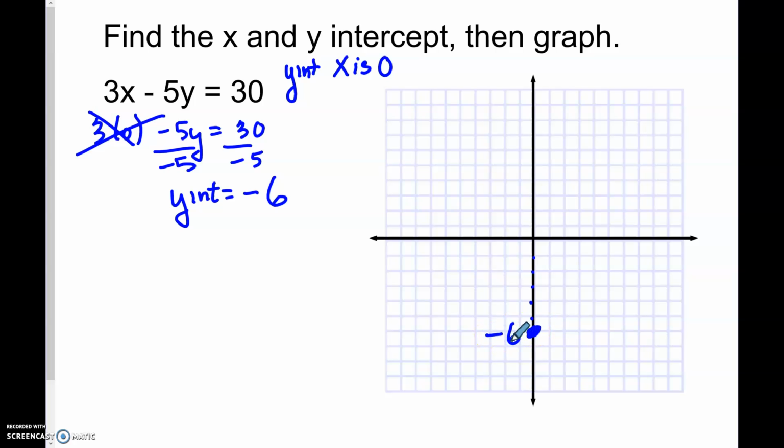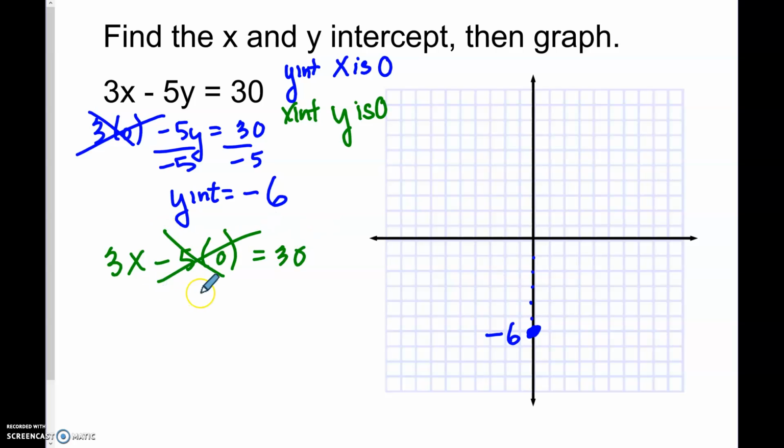-6. Okay, now remember when you're looking for the x-intercept, y is 0. So I have 3x minus 5 times 0 equals 30. Okay, that cancels out. So I have 3x equals 30.